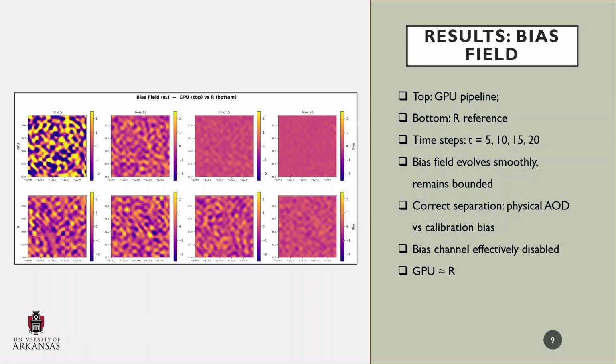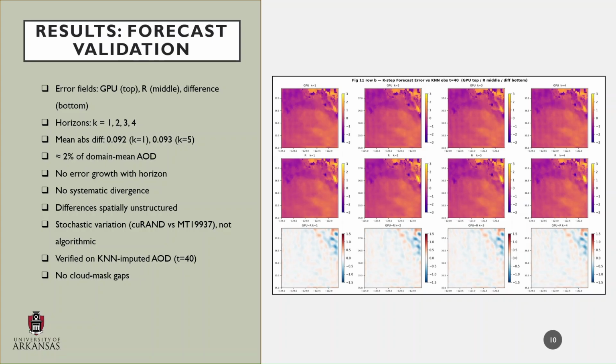The bias channel is effectively learning to absorb systematic satellite calibration offsets, leaving the main state channel to track genuine atmospheric aerosol. This separation is the hallmark of a well-functioning state space model, and our GPU implementation preserves it perfectly.